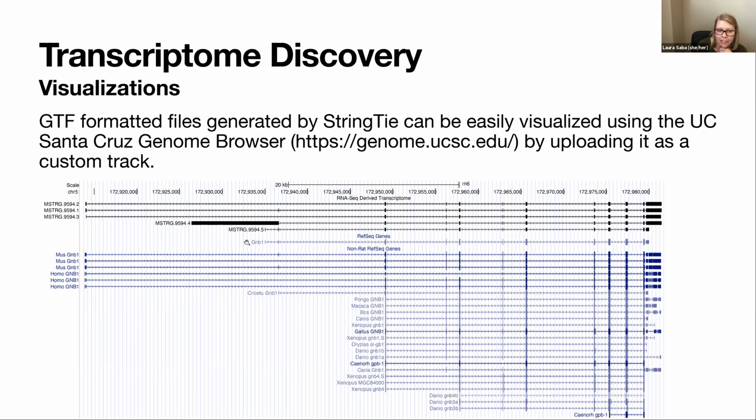The RefSeq gene, this is one of our favorite genes, GNB1, is right here. So we can see that there's only one isoform that's annotated for it in our species, but we're finding 5. And if we look at non-rat RefSeq genes, we see lots of evidence that these are probably valid splice variants because they've been identified in other species.